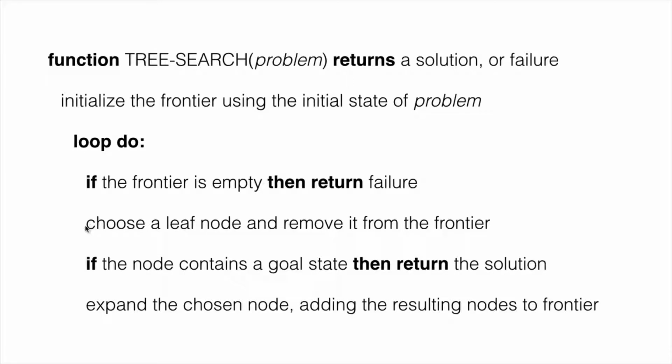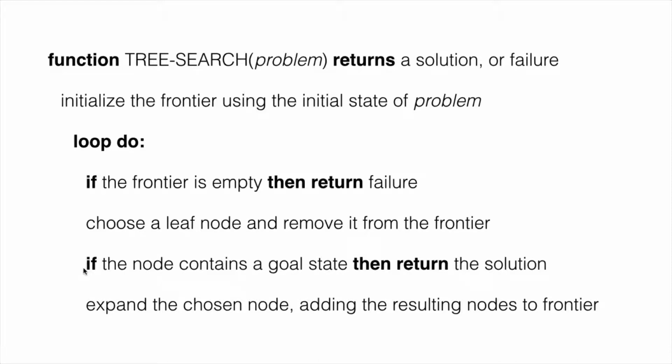If you didn't fail, you choose a node from the frontier. The terminology here is a little bit different than what I've just been describing, but basically it just means you look in the frontier, you pick one of the states that you put in the frontier, and remove it. Okay, and which one we remove, we'll get to that later.